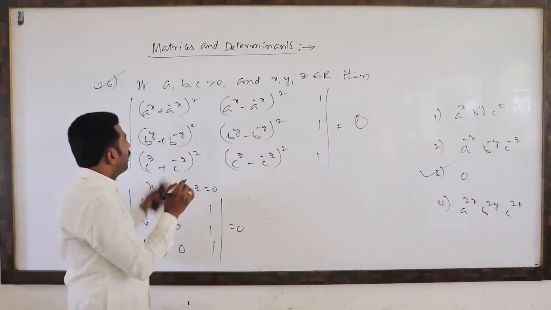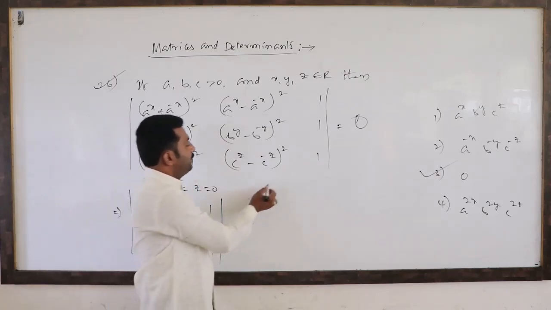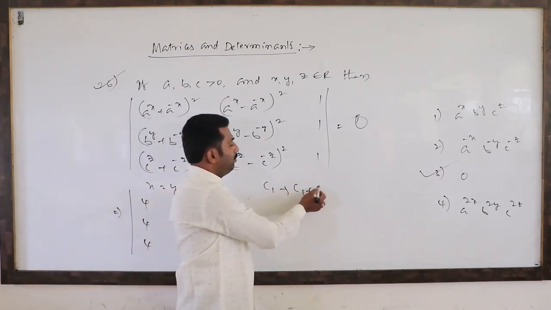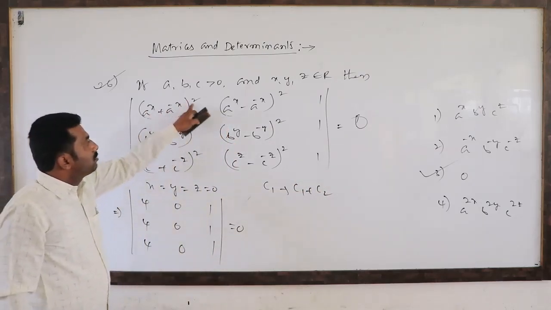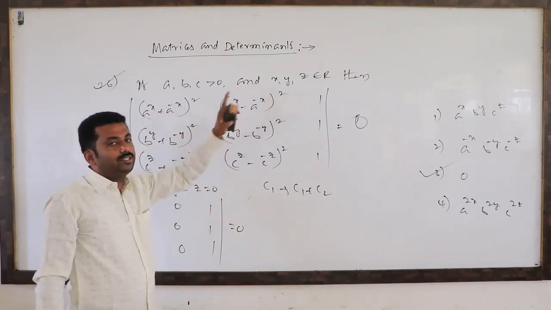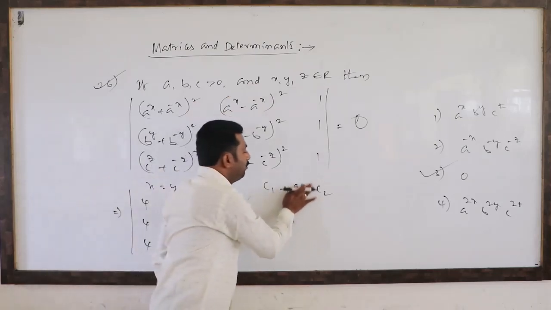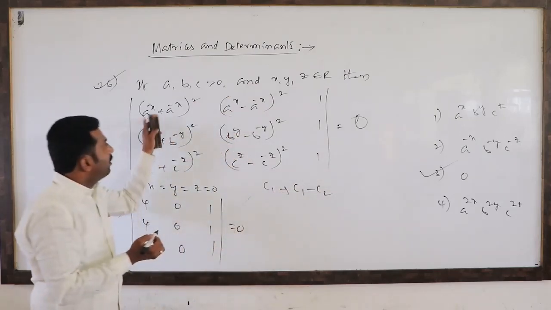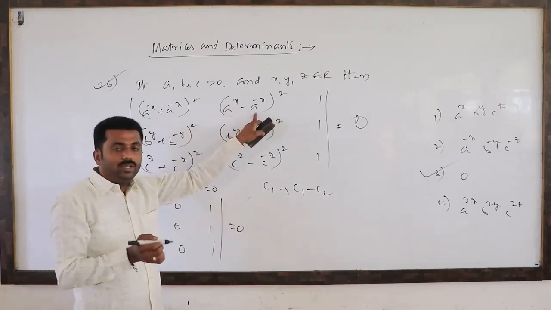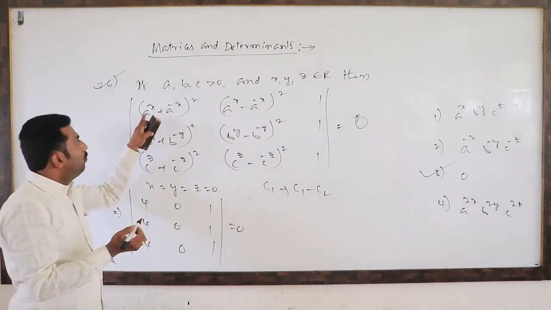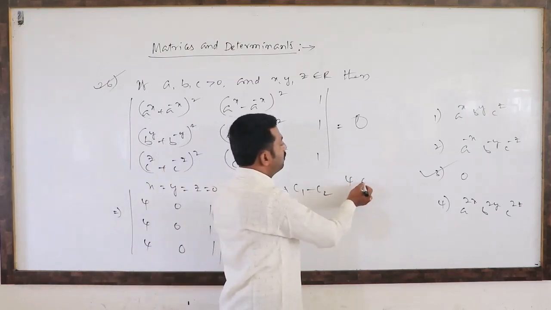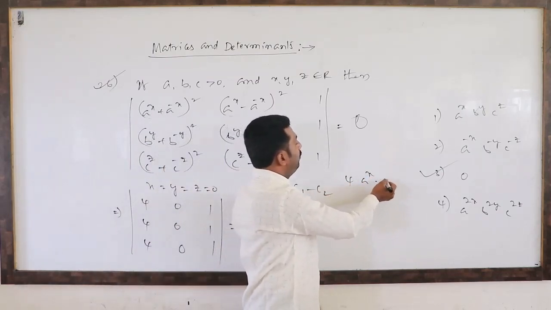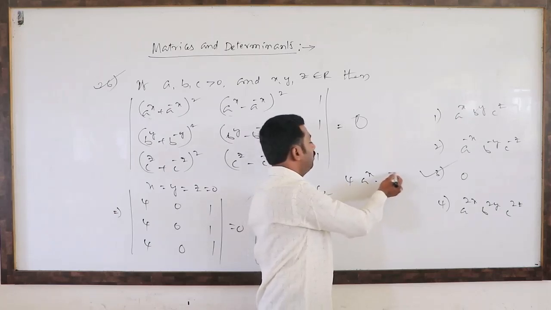Or you can apply this operation. See, C1 changes to C1 plus C2 if you take. So C1 means A plus B whole square plus A minus B whole square, or C1 minus C2 you take. A plus B whole square minus A minus B whole square means 4AB. 4AB means, see, A is A power x, B is A power minus x.